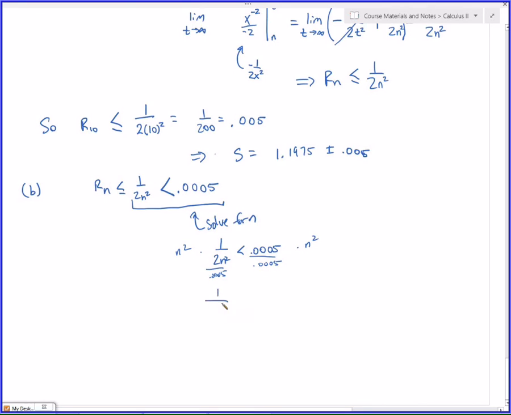That gives me 1 over 2 times 0.0005 is less than n squared. So that's 1 over 0.001. That's 1,000.